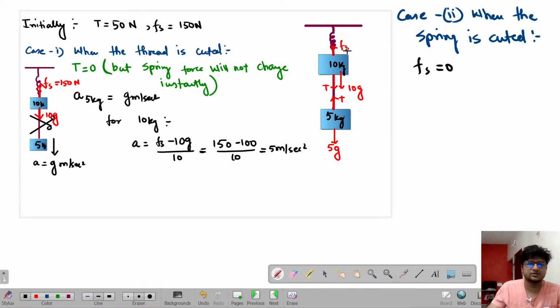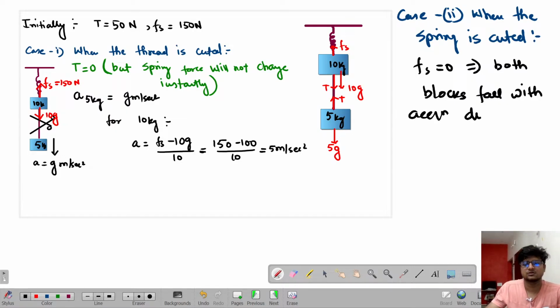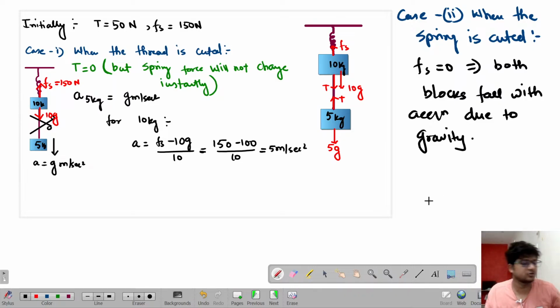So as spring force will become 0, this implies both blocks fall with acceleration due to gravity. Is that clear or not? Both blocks will start falling with acceleration due to gravity, and this implies also tension between the blocks is going to be how much? Is that clear?